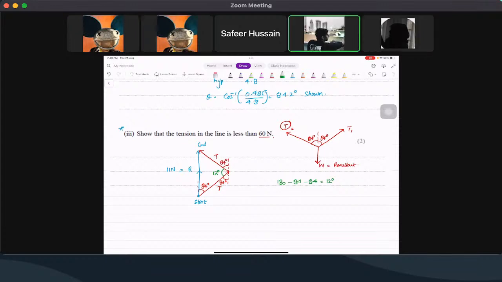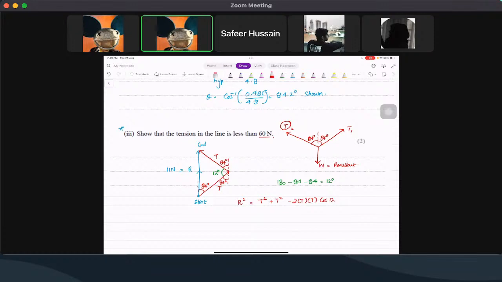Yes. Now that I have the angle, I can use the cosine rule. I write r squared equals t squared plus t squared, both t's have the same value, minus 2 times t and t cos of 12 degrees, because that is opposite of r. Is it clear?